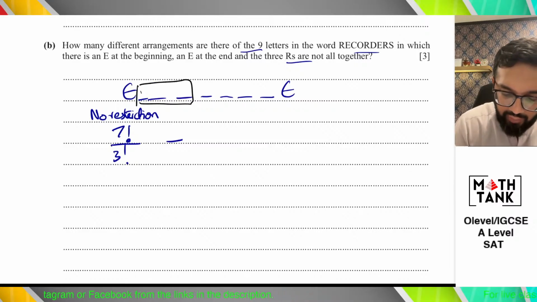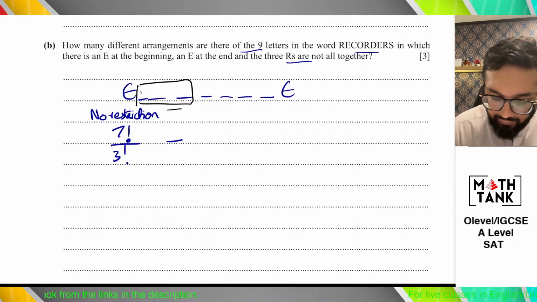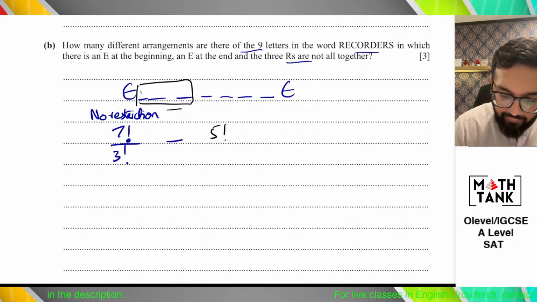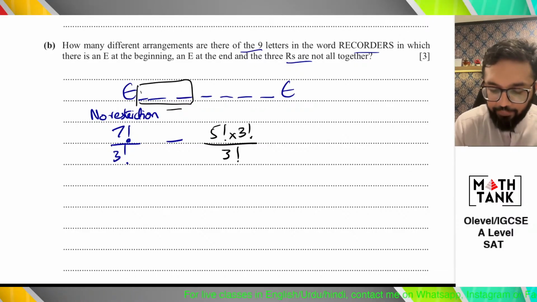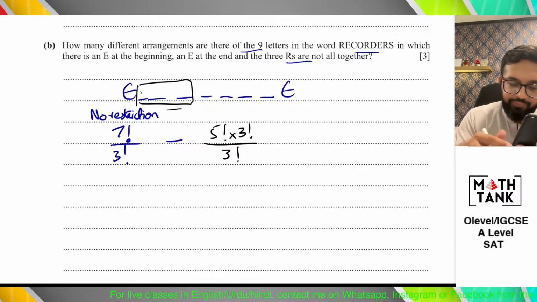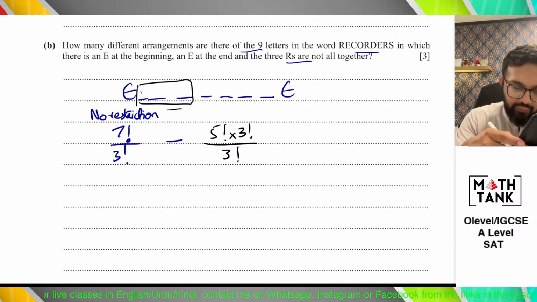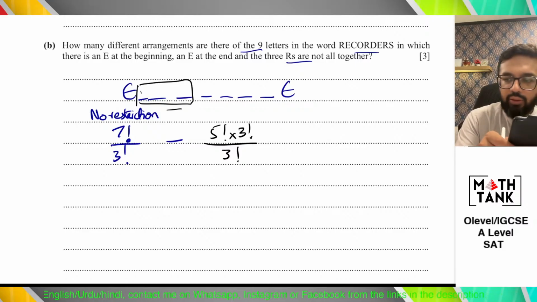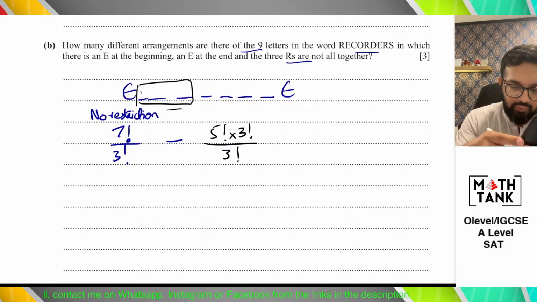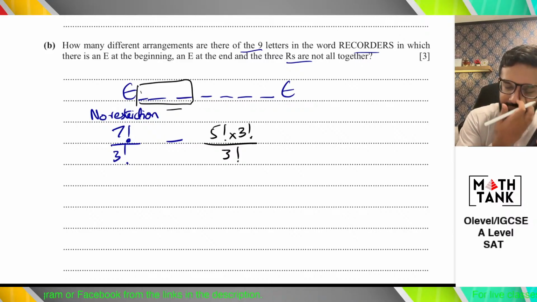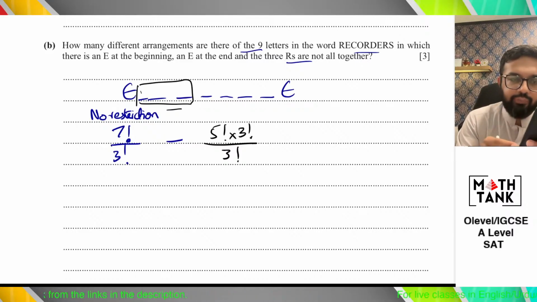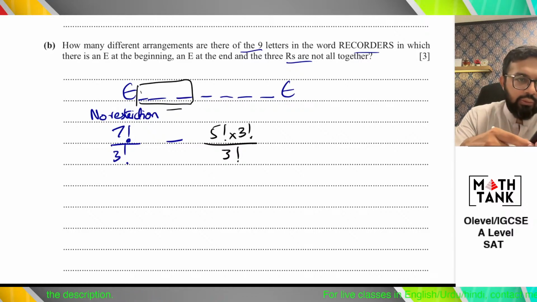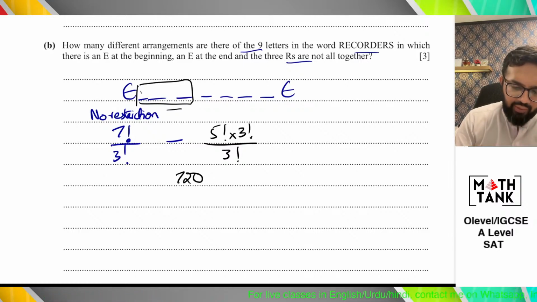Keep them together first. 1, 2, 3, 4, 5. That's 5 factorial going inside the box. 3 factorial dividing by the identical. Okay. So I have 7 factorial minus 120. Giving me 720.